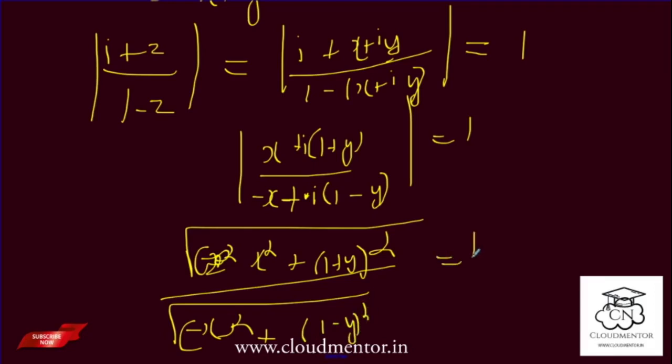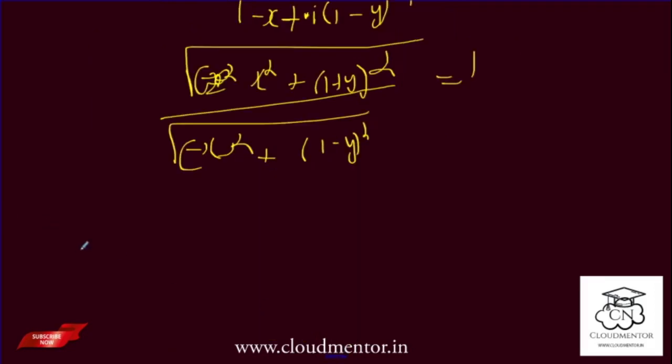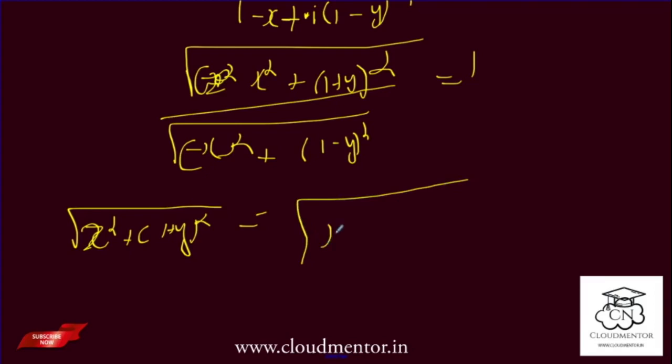And that's equal to 1, so I can write it like this, that is root of x square plus 1 plus y the whole square is equal to root of x square plus 1 minus y the whole square.